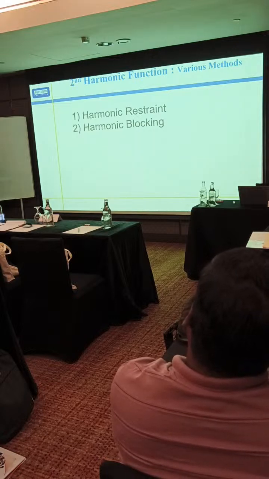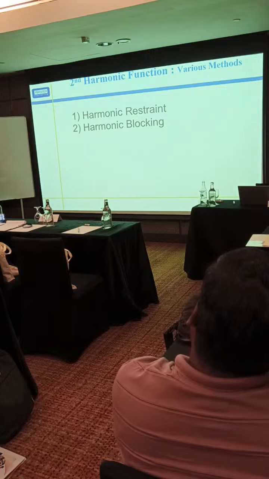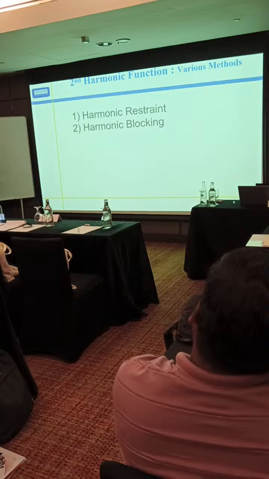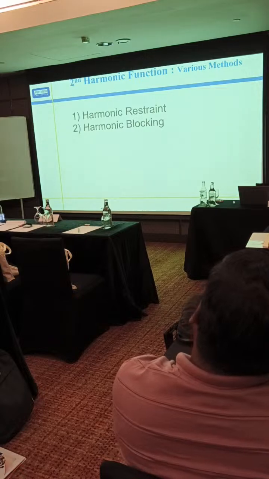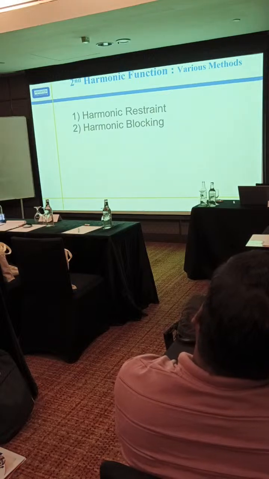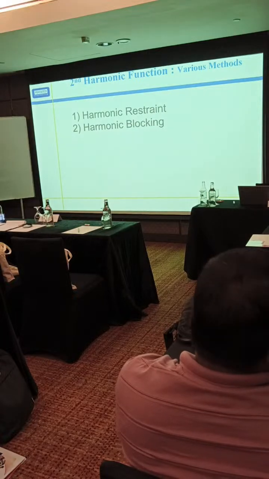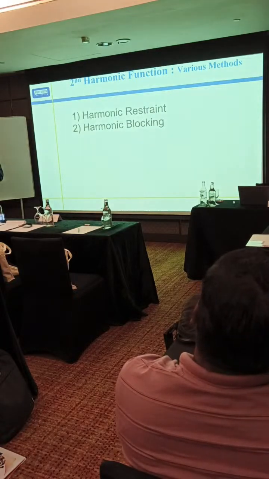It will always be there. It may have 2 times the rated current to 8 times, 10 times, depending on the size and manufacturer. So during starting, we should block this, otherwise the transformer will trip immediately when we charge.